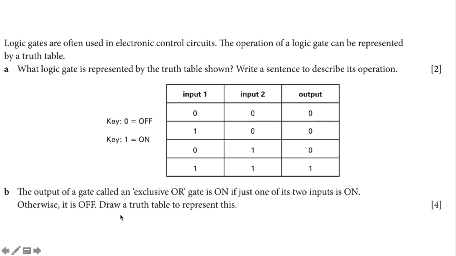Okay, letter B, try doing this on your own, and then when we meet again, we will discuss this. The output of a gate called an exclusive OR gate is on if just one of its two inputs is on. Otherwise, it is off. Draw a truth table to represent this. I think we already did this, right?